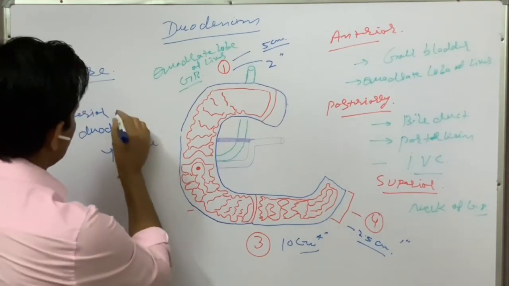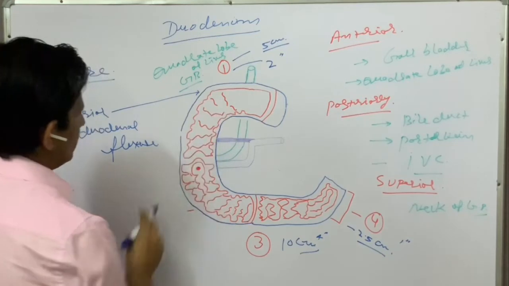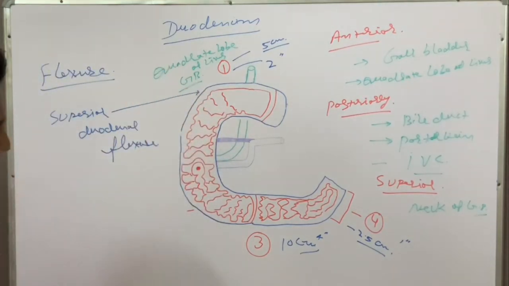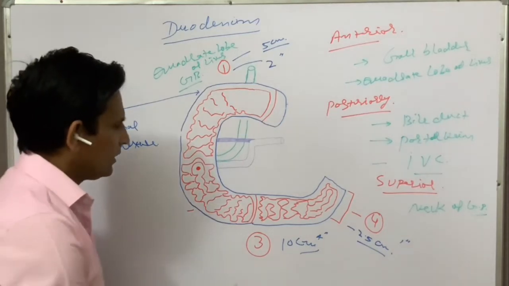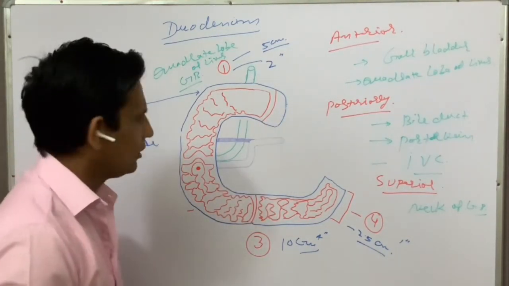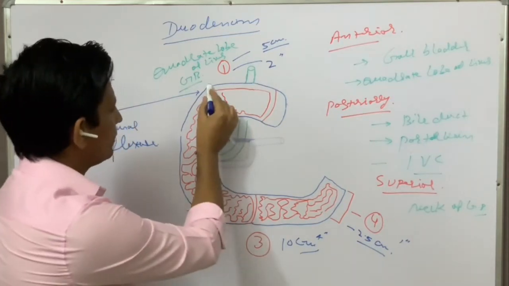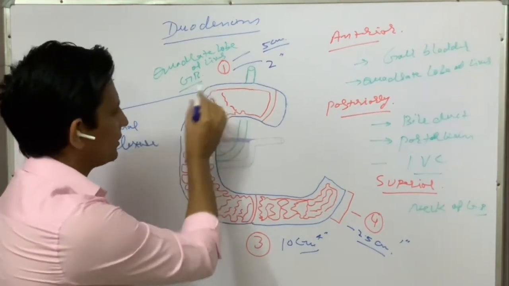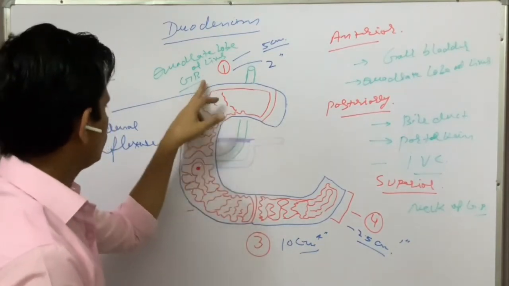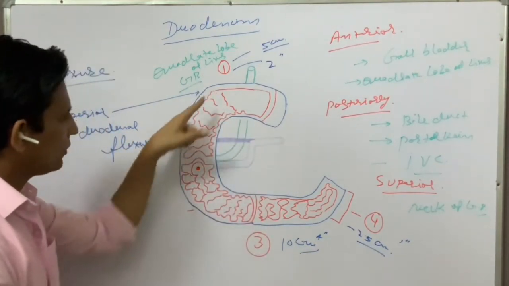So where is the superior duodenal flexure? This one. In other words, the first part starts from the pylorus of the stomach to the superior duodenal flexure. First part extends from the pylorus of the stomach to the superior duodenal flexure.